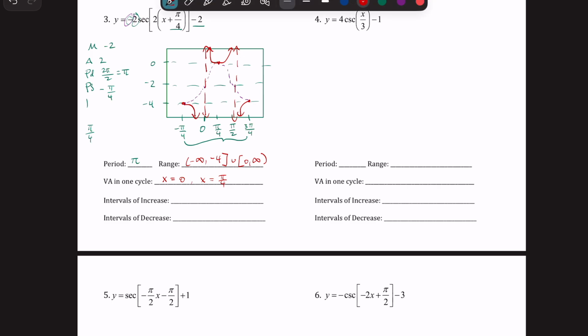So we come over here and we say -pi/4 to 0 union 0 to pi/4. And the reason I have to split them up is because this is not continuous. We have this asymptote in the middle of this.